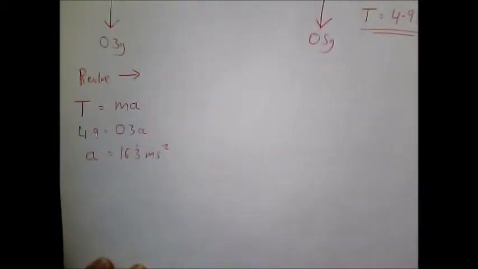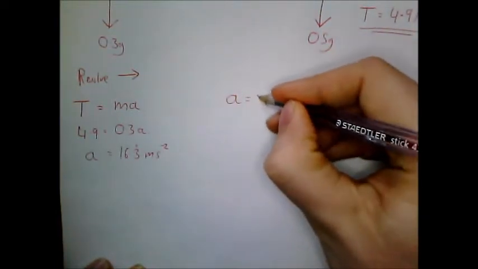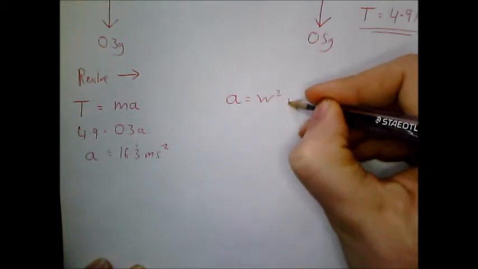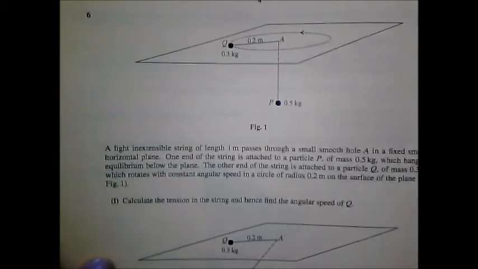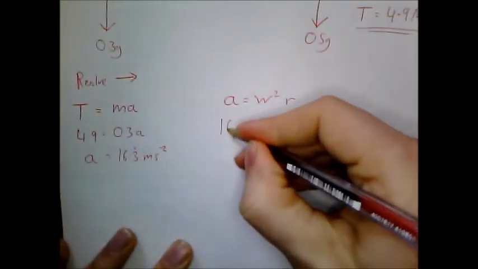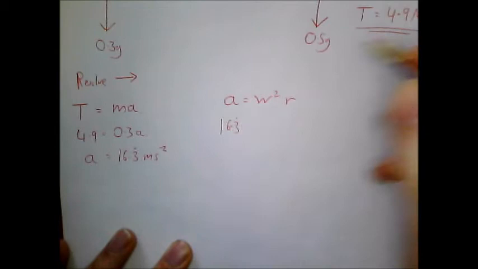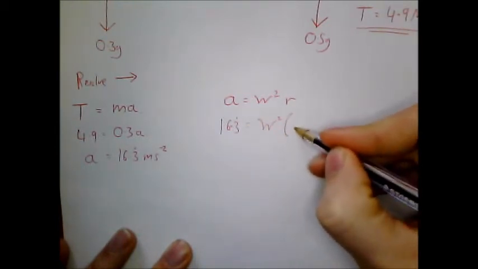Okay, but we want the angular velocity, so we know that a is equal to omega squared r, and we know the radius of our circle is 0.2 metres, so 16.3 recurring equals omega squared lots of 0.2.